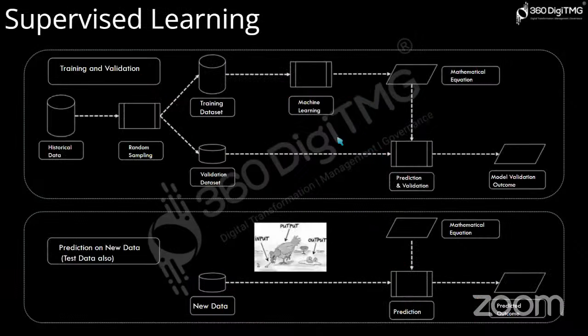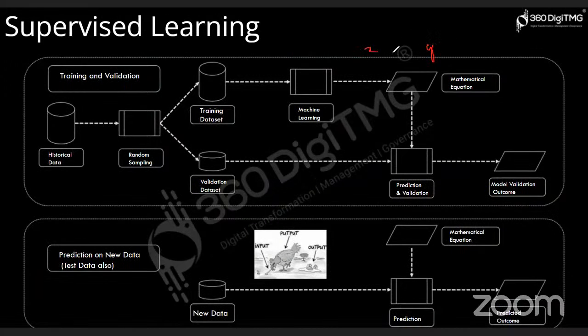Then we have supervised learning. In this case, our output value is known. We have some input values and our output values are also known. Here we try to find out how these input values are related to the output values.